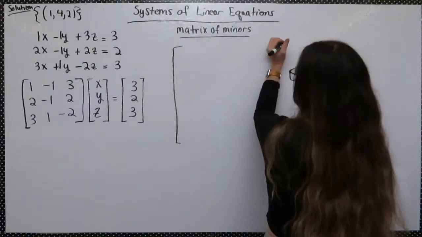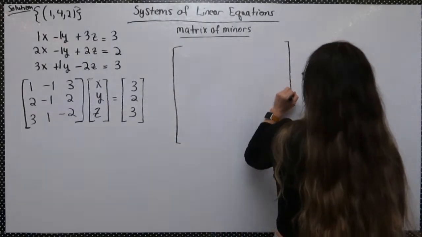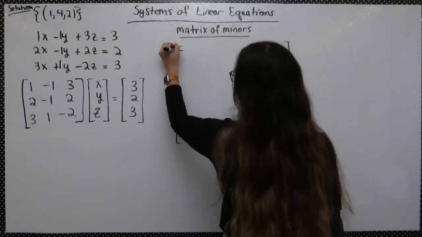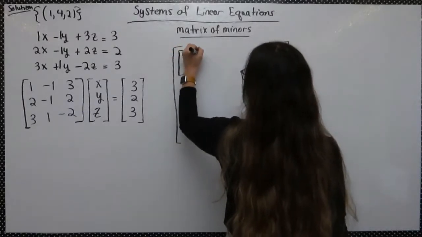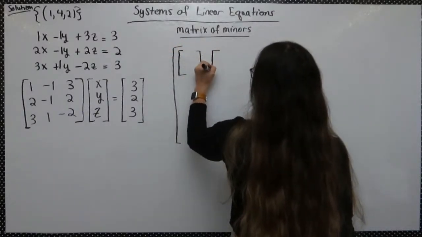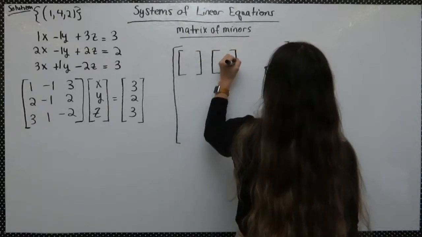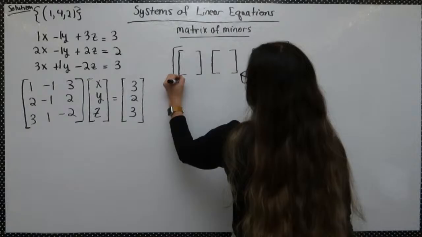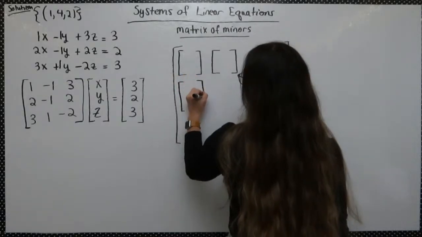So this is a really big matrix because it is a matrix of many matrices. So this first one, we need a 3x3 here. So I'm going to go ahead and just put the positions in place. That way I can just fill in the numbers.